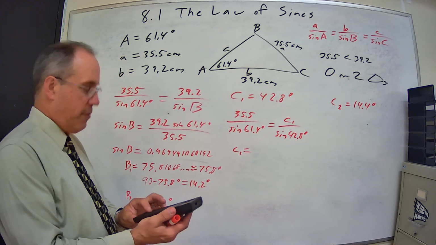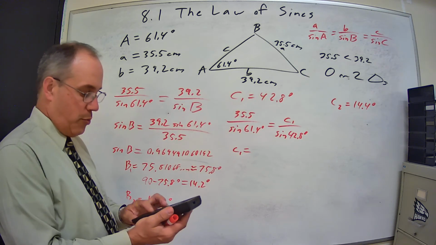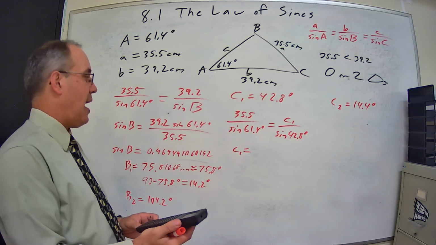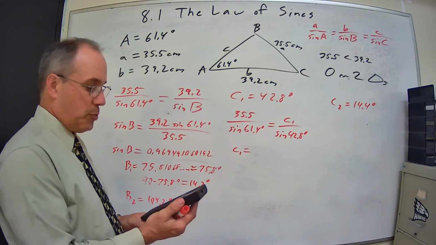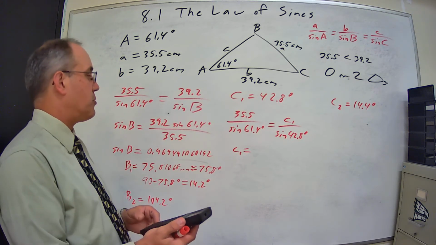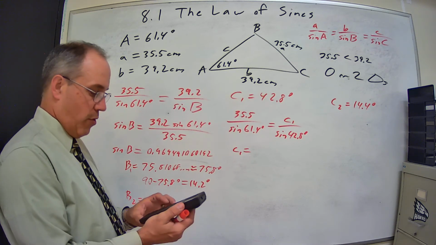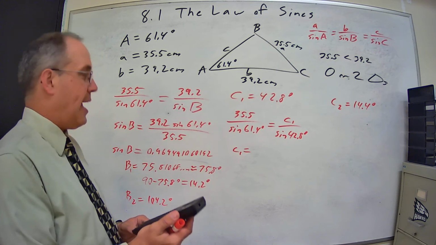So we have 35.5. The sine of 42.8 is approximately 0.679. I'm going to use as many decimal places as I can. So when I multiply those two numbers together, I get 24.12 approximately. And then I take the sine of 61.4, which is about 0.87798.